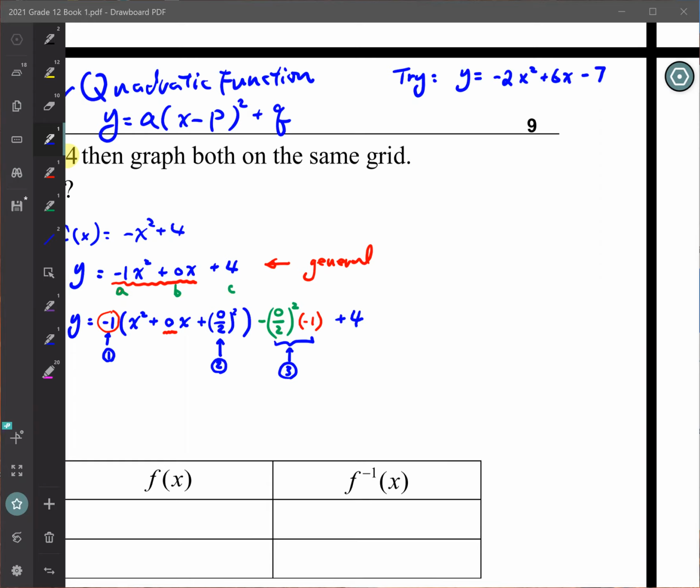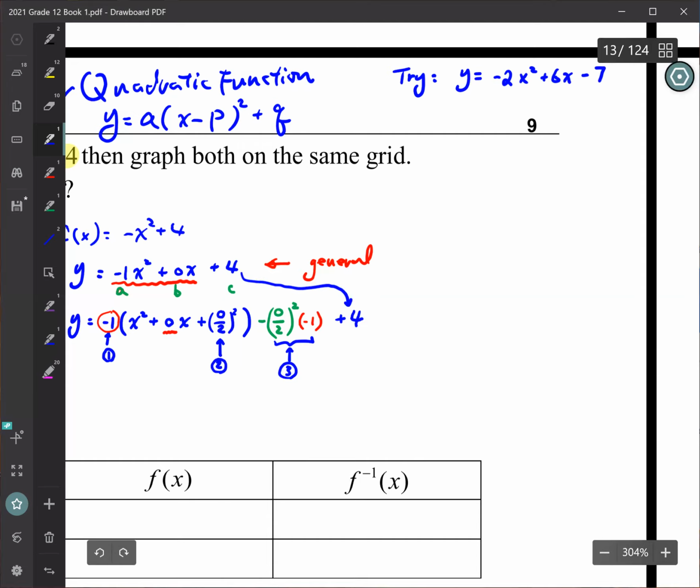You need to subtract on the outside. And then the last term, don't forget to put it back. The term that you ignored at the beginning, put it at the end. Once you finish the 3 steps, you can raise your hand.